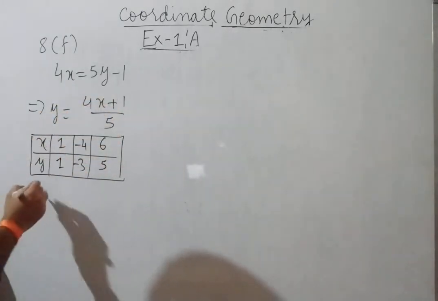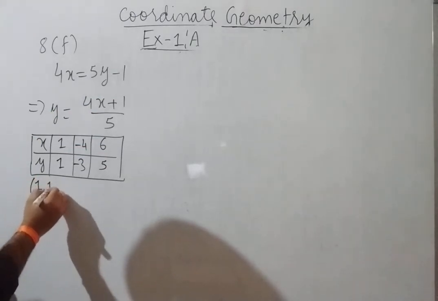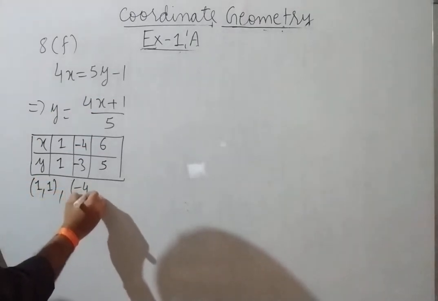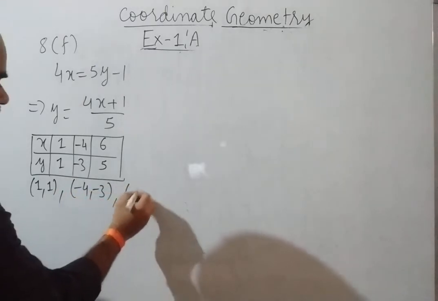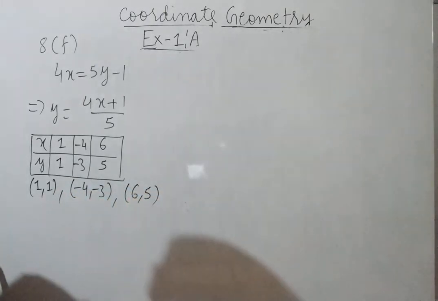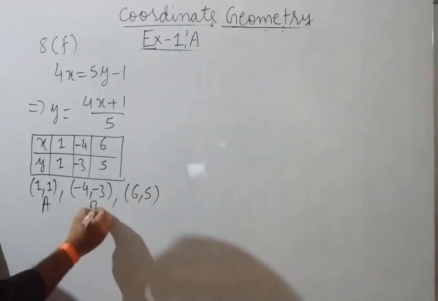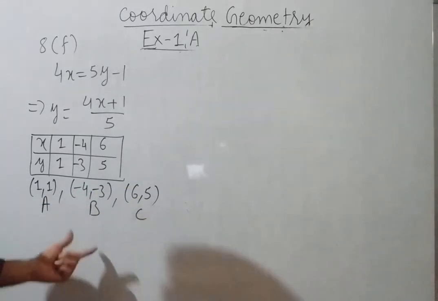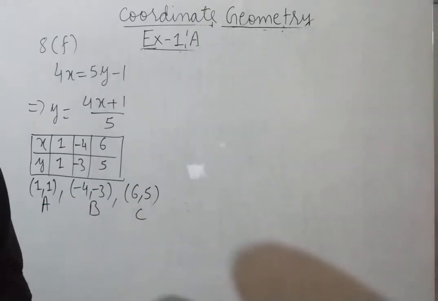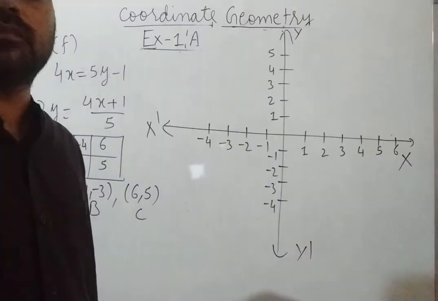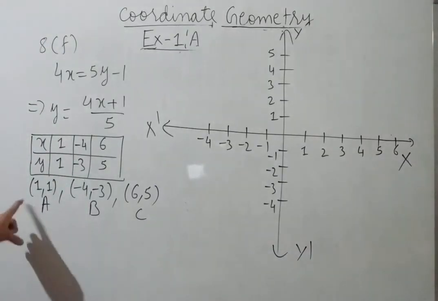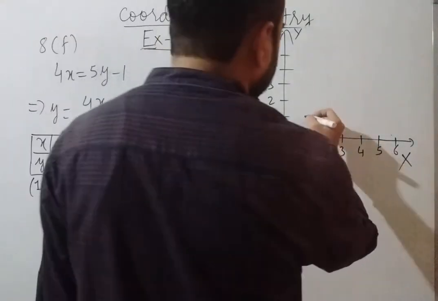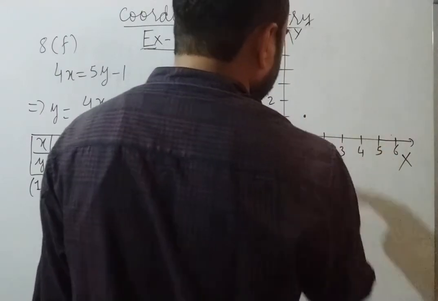So ordered pairs are (1, 1), (minus 4, minus 3), and (6, 5). Suppose this is A, this is B, and this is C. So we have to plot these 3 points. So plotting first point (1, 1). (1, 1) means this point, correct?